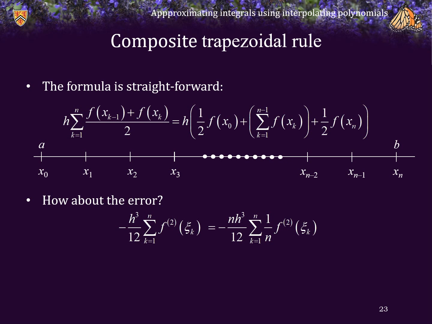Now notice that we have the average of the second derivatives evaluated at points between a and b. From the intermediate value theorem, you know that there is some point xi such that this average is equal to the second derivative evaluated at that point.